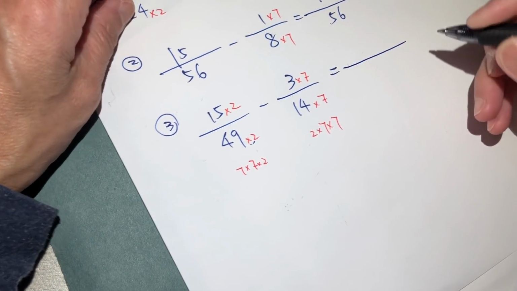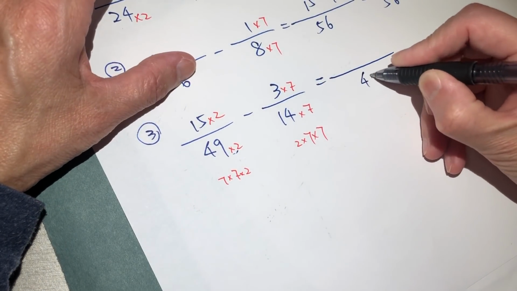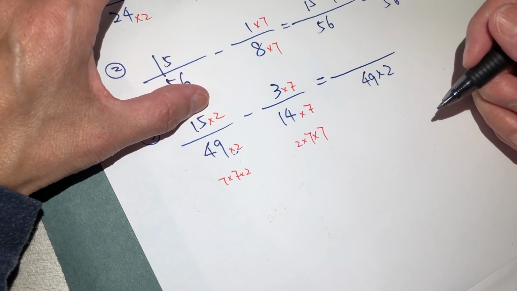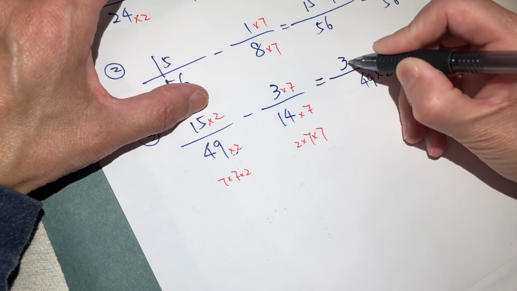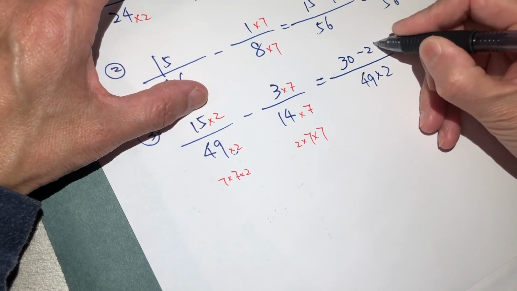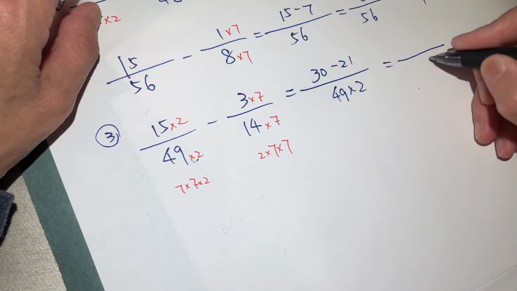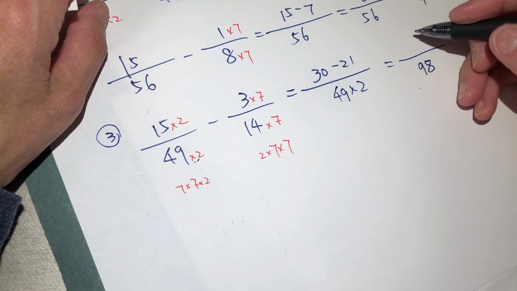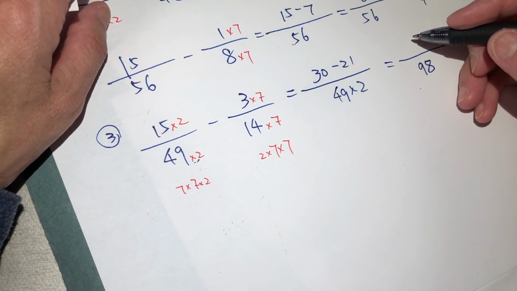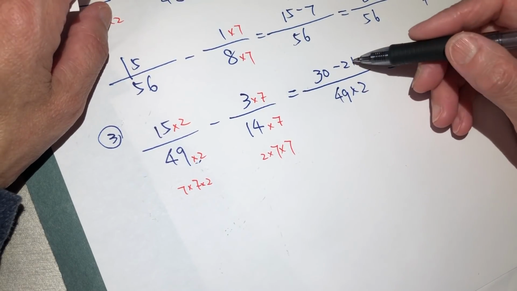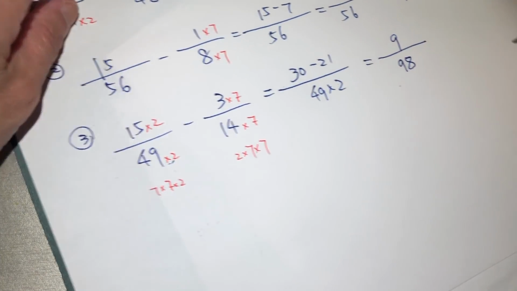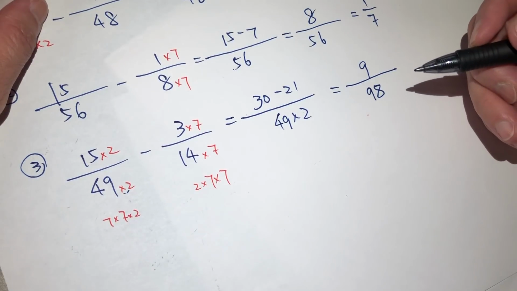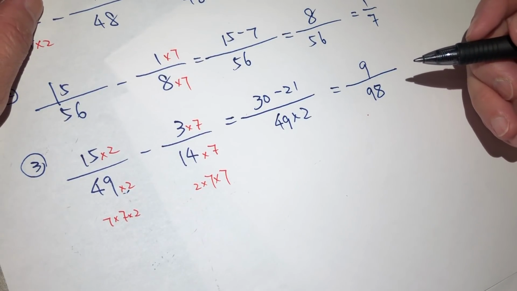So it becomes 49 times 2, and the numerator is 30 minus 21, so 98, and 30 minus 21 is 9, and that is it. This is the simplest form.